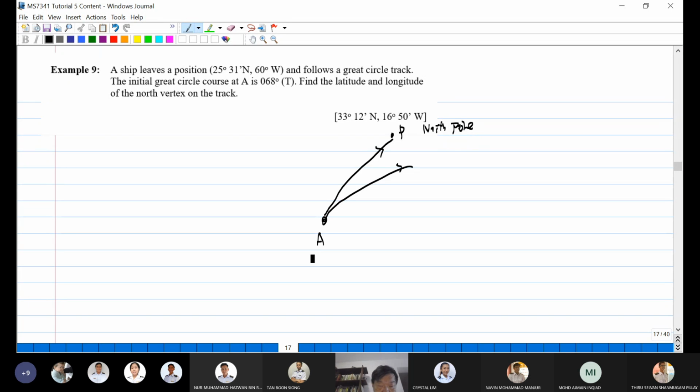So this point A is actually 25 degree 31 minutes and 60 degree west. Okay, location of the ship at point A. You follow a great circle track. The initial course is 68 degrees. So from here to here, from the North Pole, this angle is 68 degrees. This is your alpha here.